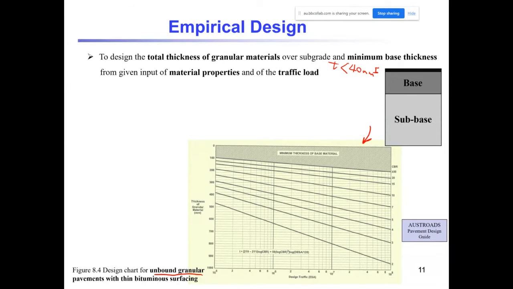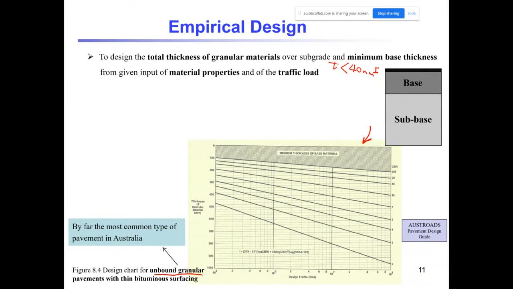And it is very simple to use this chart. You can learn it in 5 minutes. We are going to work on this, and within 5 minutes you learn how to use this chart. And it is interesting to note that by far most of the roads in Australia have this type of pavement, unbound granular pavements, right?